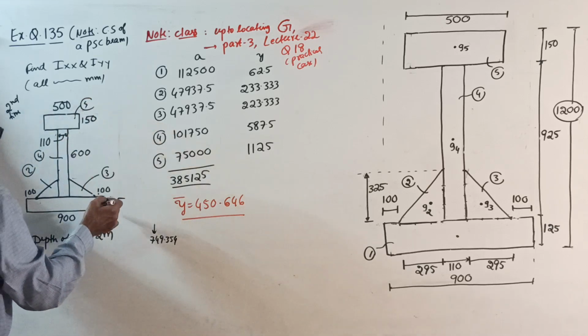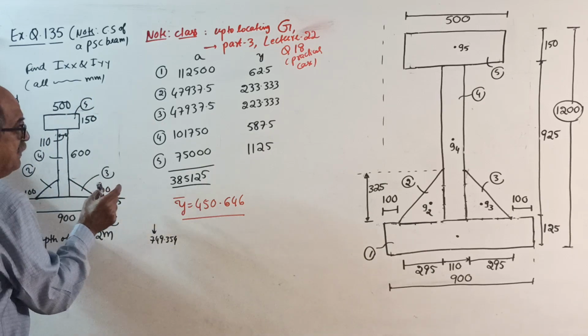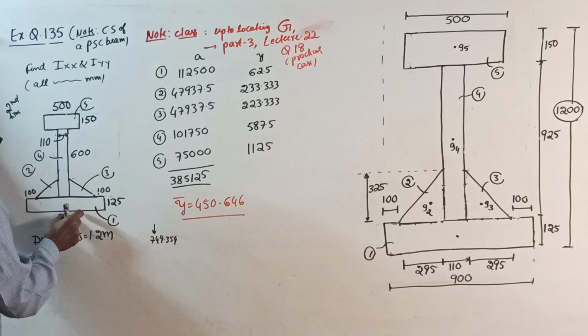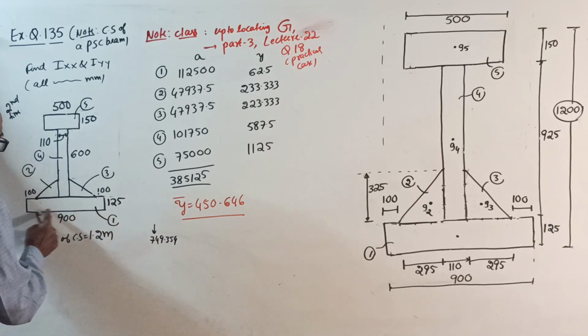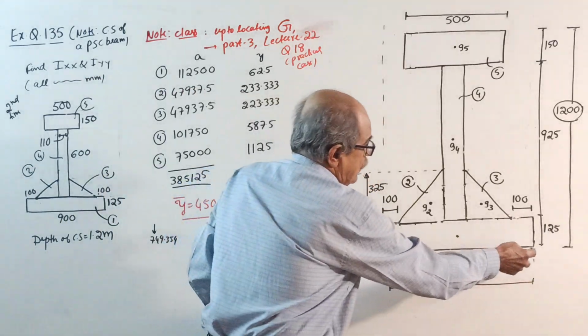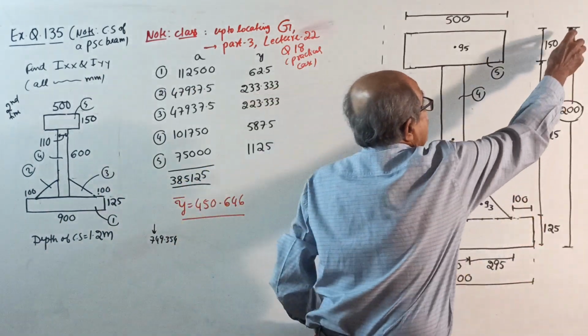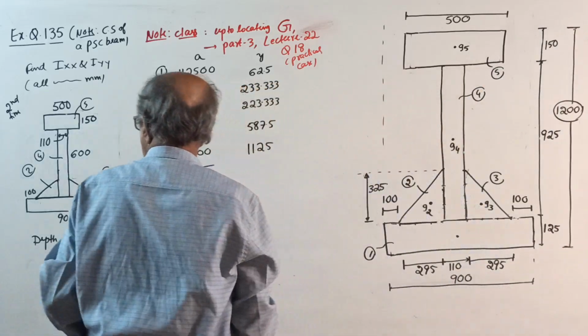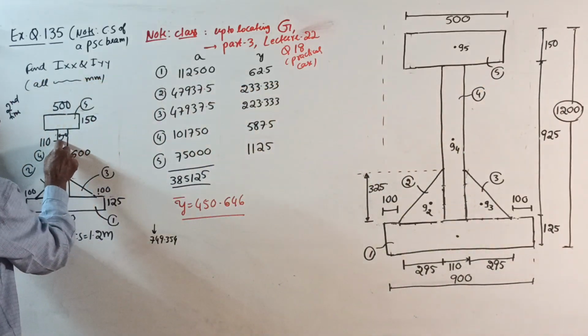For the triangle, you require the base and height. See here, base 900 by 125, total height 1200, then this is 110.